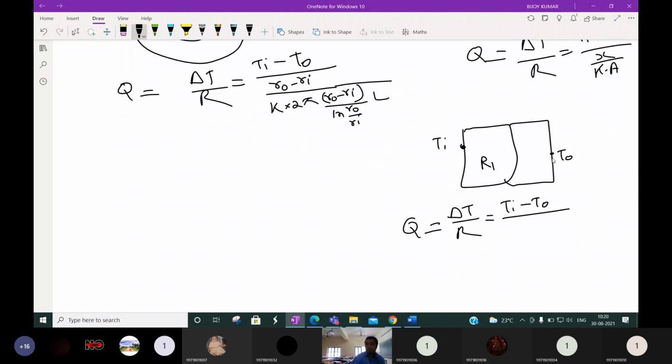Suppose this is resistance R1, this is resistance R2, then what will be the R value? This is a composite wall. How are these plain walls connected? In series. So when they are connected in series, their overall resistance will be the sum of individual resistances.